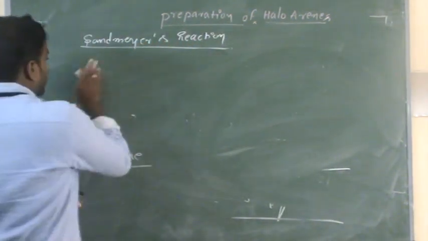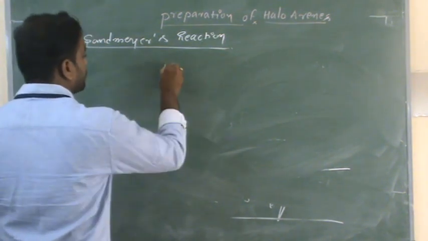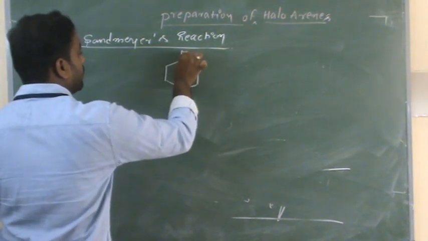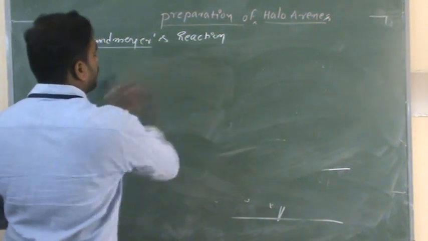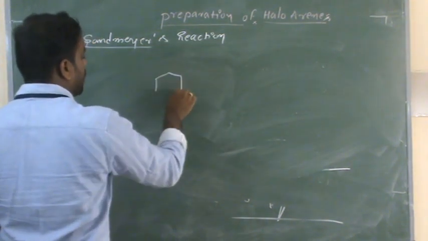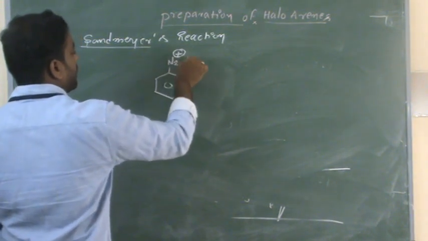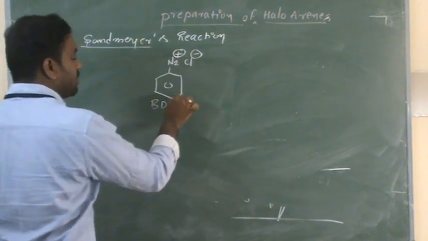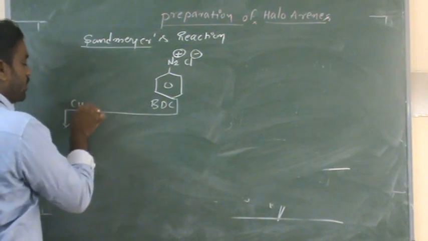Take benzene diazonium chloride. What is the benzene diazonium chloride? That is N2 plus and Cl minus. This benzene diazonium chloride can react with what?